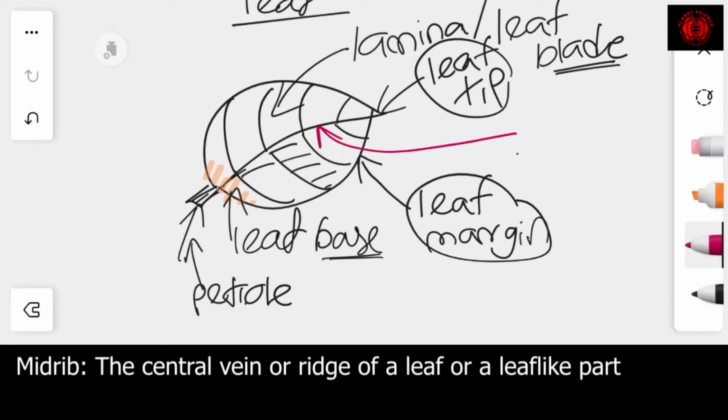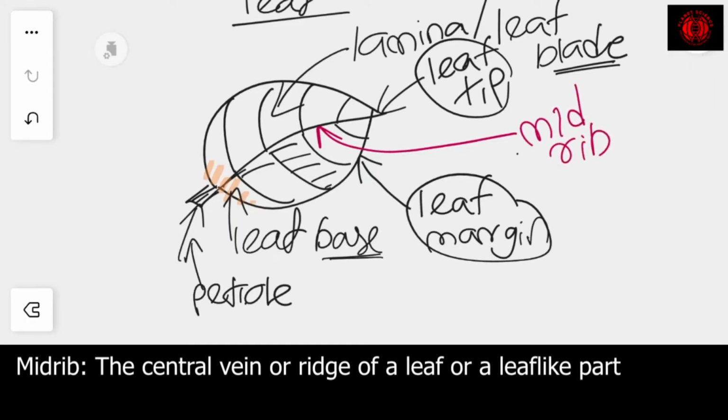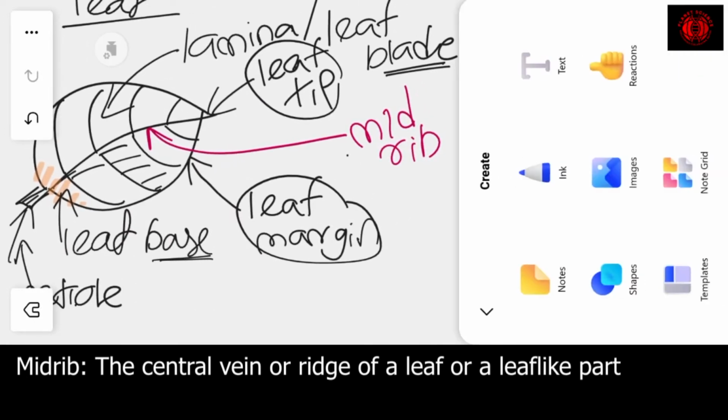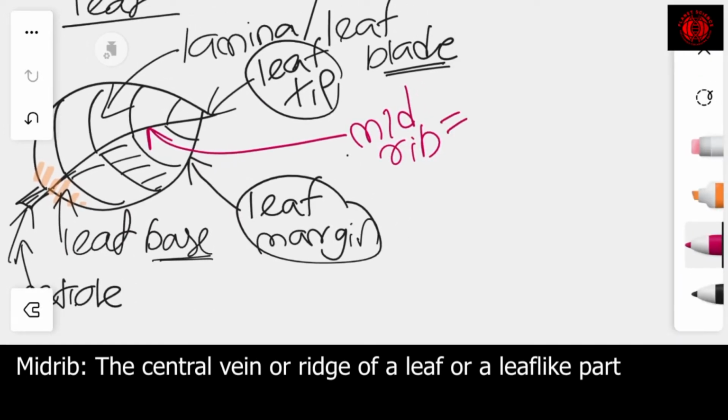We call it the midrib. Most importantly, we can find only one midrib per leaf. This is the major part, and we can call it the primary vein.